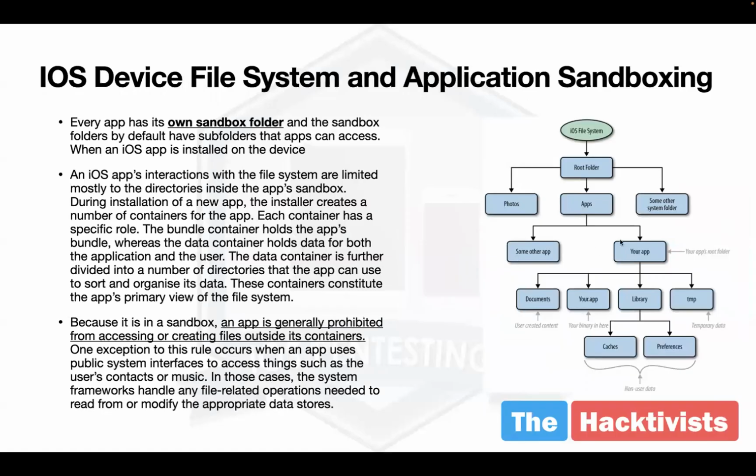Okay. So the next thing is the iOS file system and sandboxing. First of all, what actually is a sandbox, and how does iOS on an overall basis keep application-level files? This is the main difference between iOS and Android.